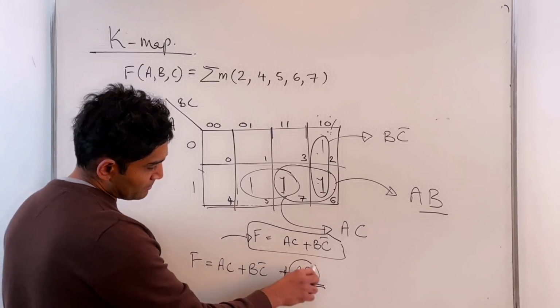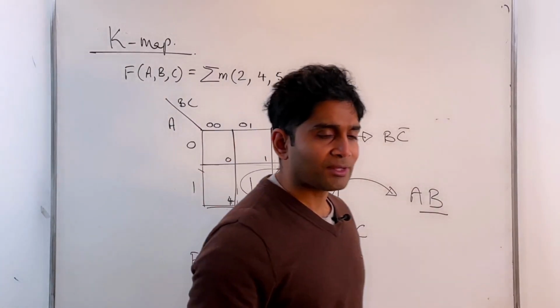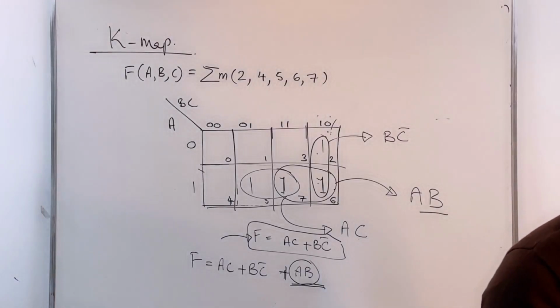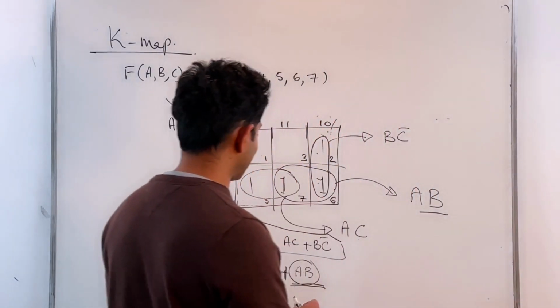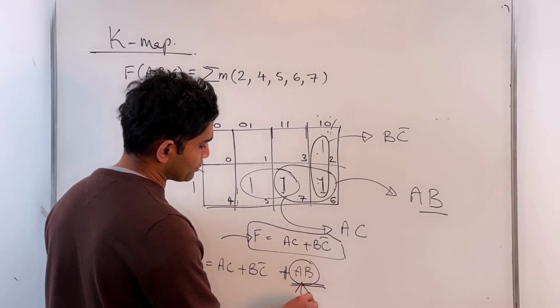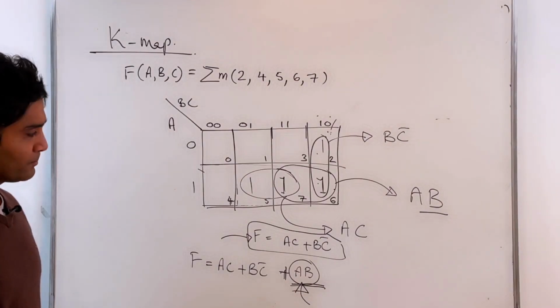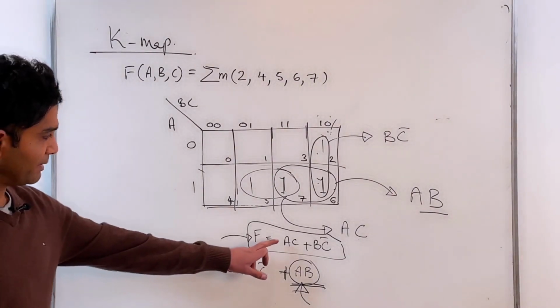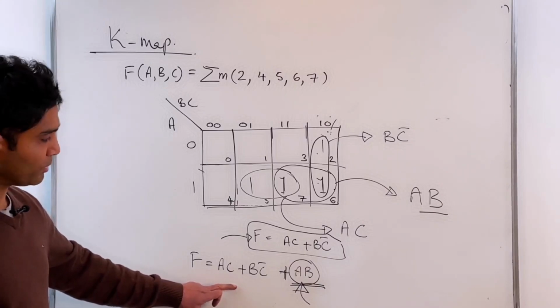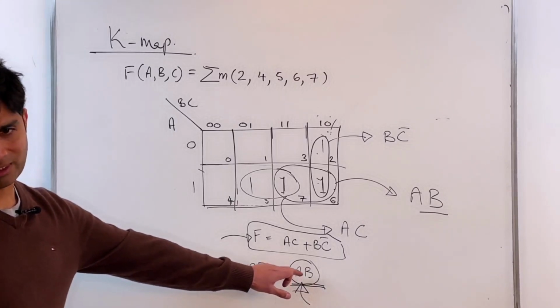Whether you add it or not, it's not going to change how the function would behave. Does it make sense? Okay. So that becomes a redundant term that's really not contributing to the function at all. If this and this produce the same output, then what's the point of having this additional term?